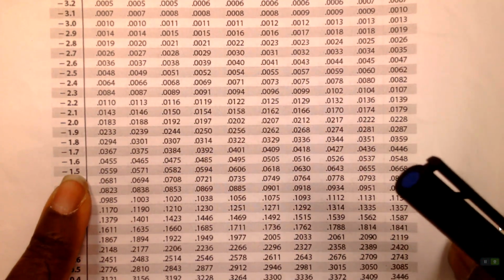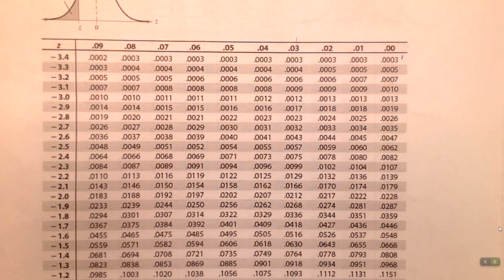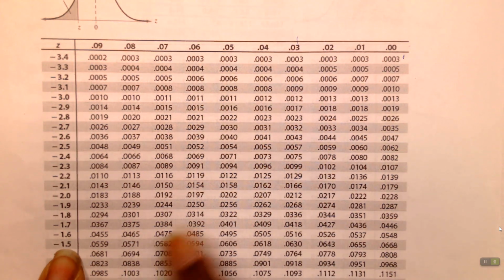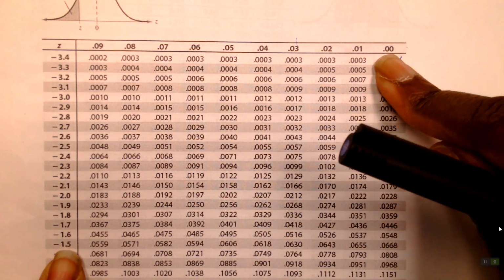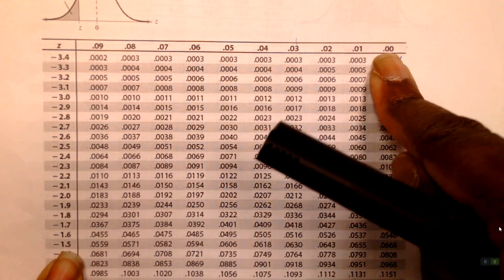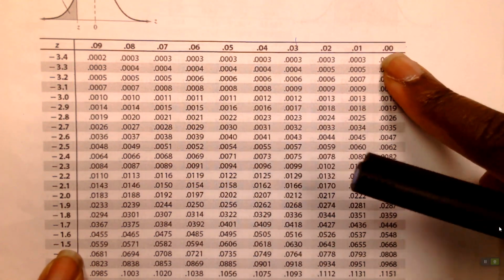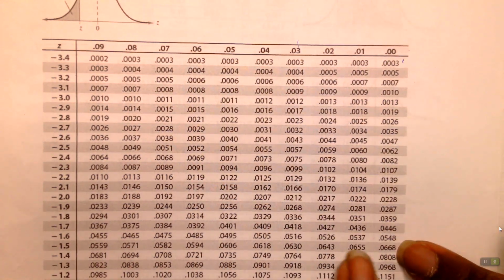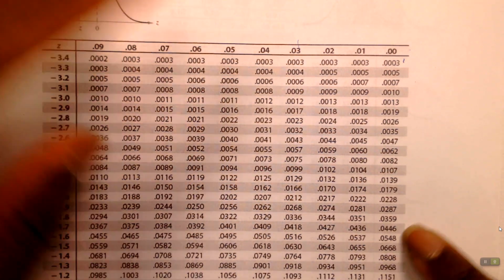So that's going to be negative 1.50. So you have to have that number on the end. If you don't, just make it a 0. 0.0668.